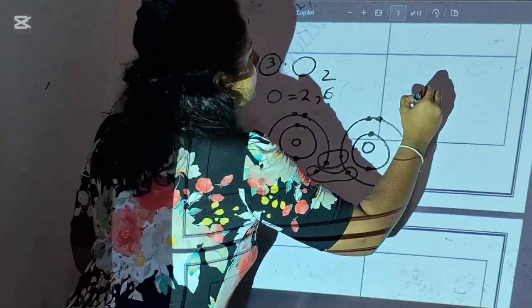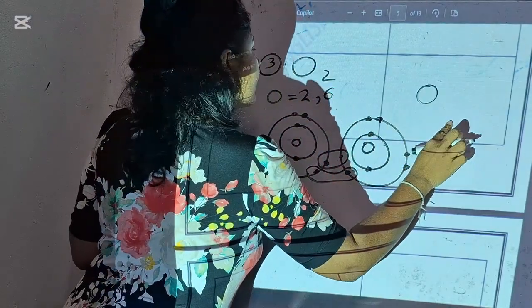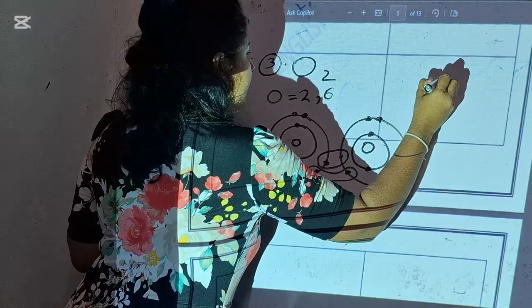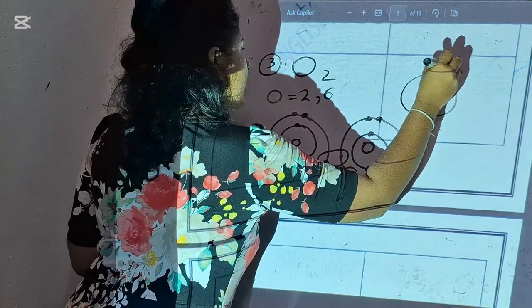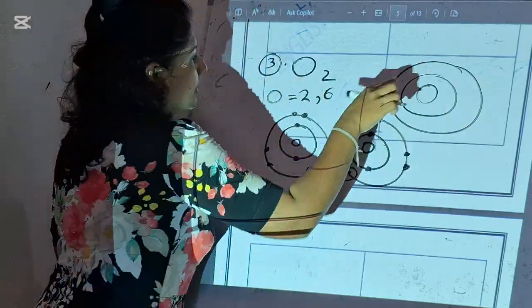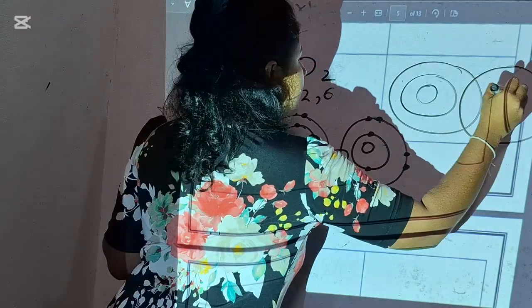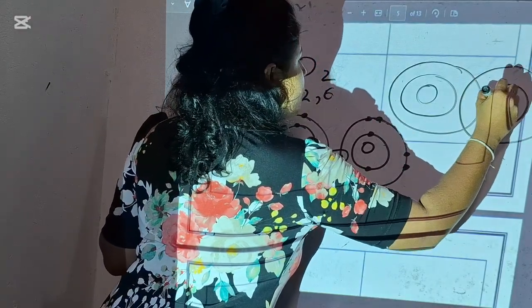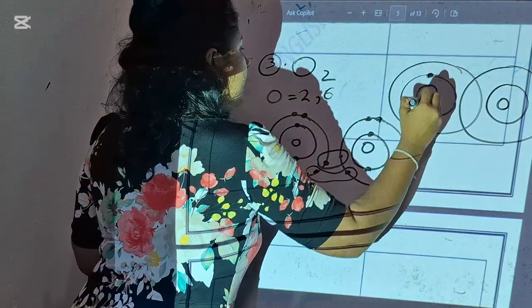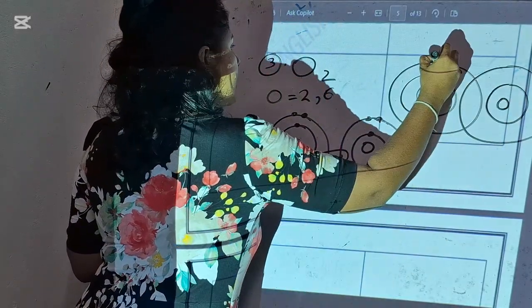So how do we draw it? Oxygen, another oxygen. First shell 2 electrons.